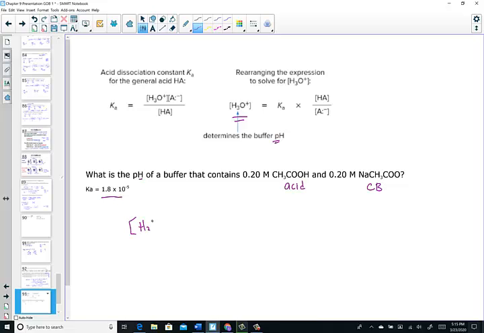I can find the concentration of hydronium by taking the Ka and multiplying it by the concentration of the acid, whoops, they wrote it in organic style, acetic acid, CH3COOH, cool. And we set that over the concentration of the base, which was, from the salt here, also 0.2 molar.